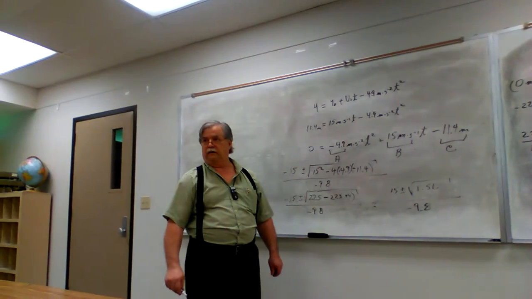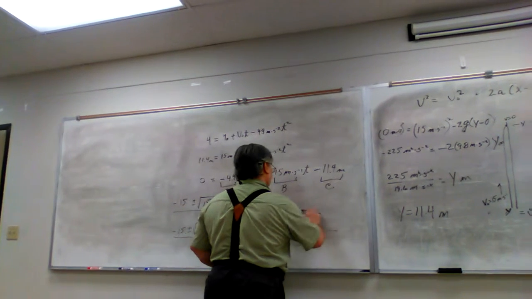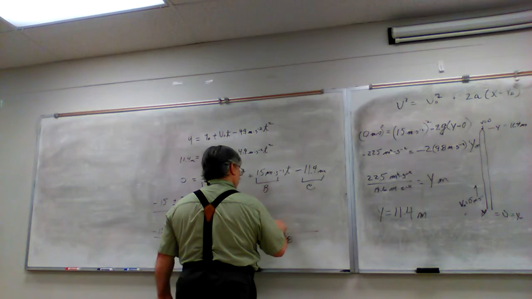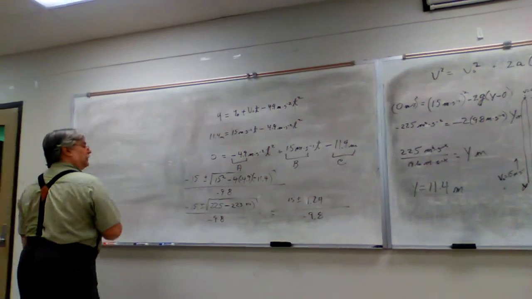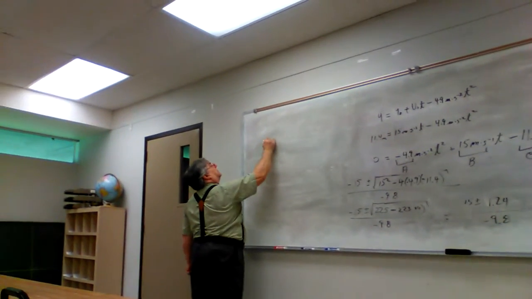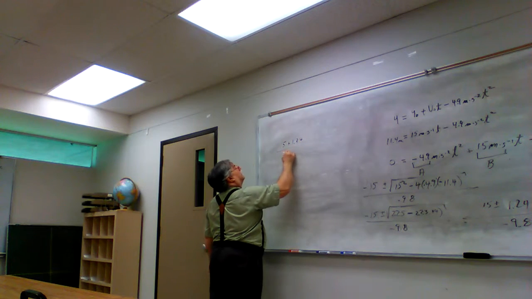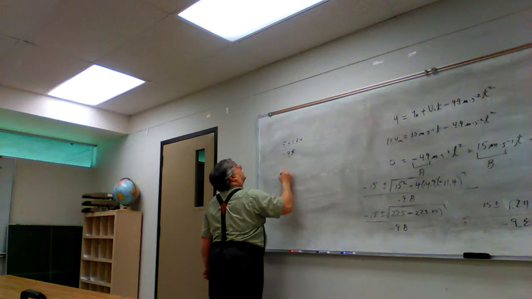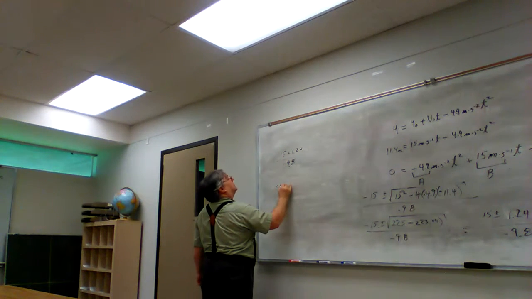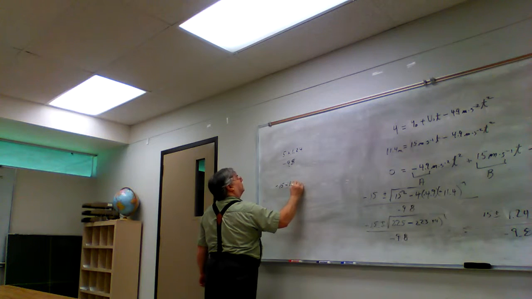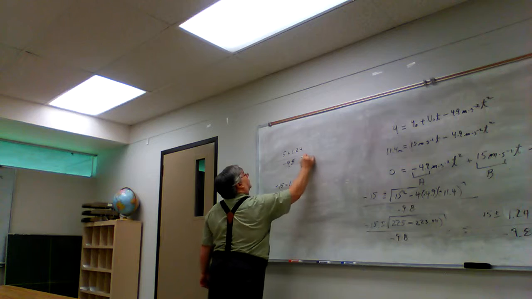And what's the square root of that? 1.24. All right, so we've got minus 15 plus 1.24 divided by minus 9.8. And we've got minus 15 minus 1.24 divided by minus 9.8. What are those?